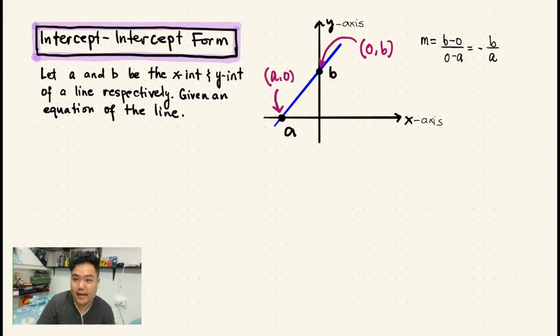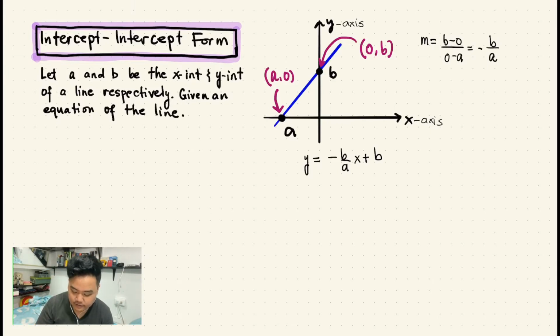So, gamit tayo ng slope-intercept form. Feeling ko yun yung mas madali. So, the equation of the line is y equal to mx plus the y-intercept b, but what is our m? Our m is negative b over a. Arrange lang natin yan para gumanda yung itsura.